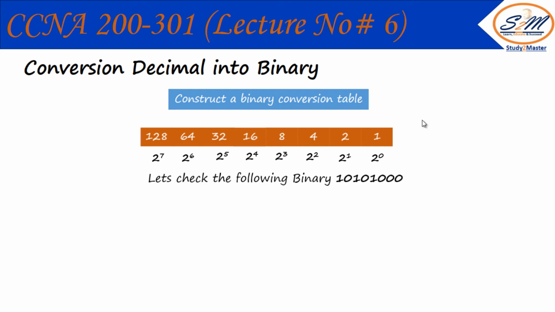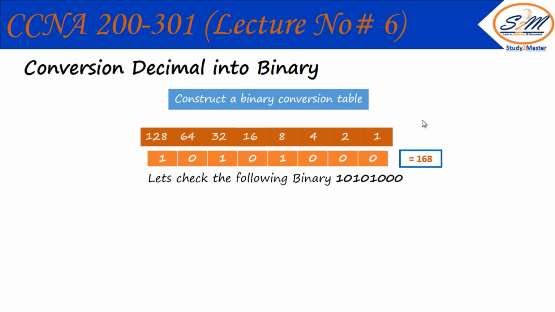So now let's check the following binary number: 10100100. How to convert it? It corresponds to the decimal number 164. The place of 128 is 1.